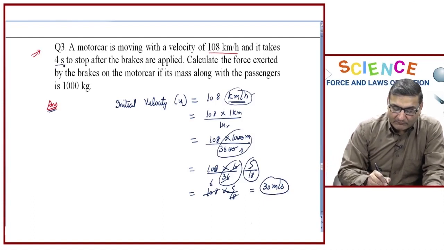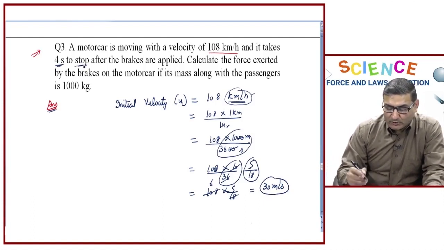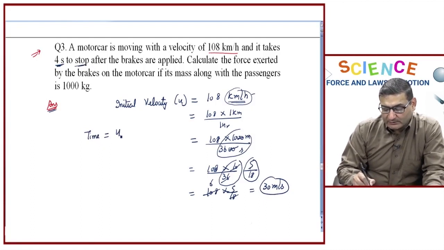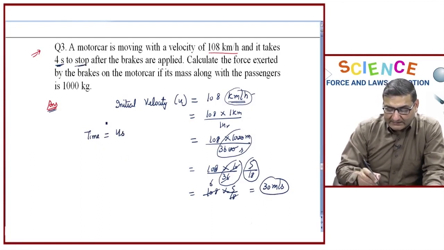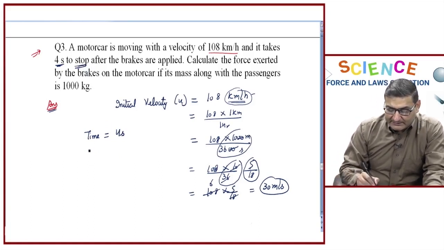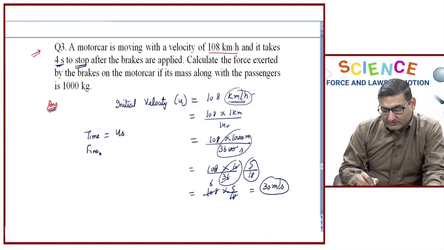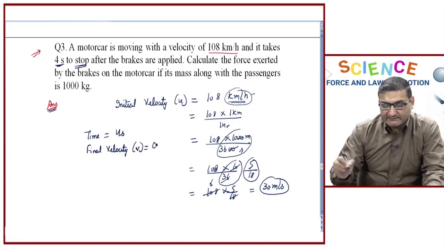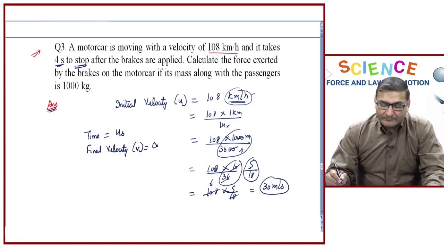It takes 4 seconds to stop. So now the time is given to us to be 4 seconds and the body stops. This motor car is stopping after the brakes are applied. That means the final velocity of this motor car, represented by small v, is given to be 0.